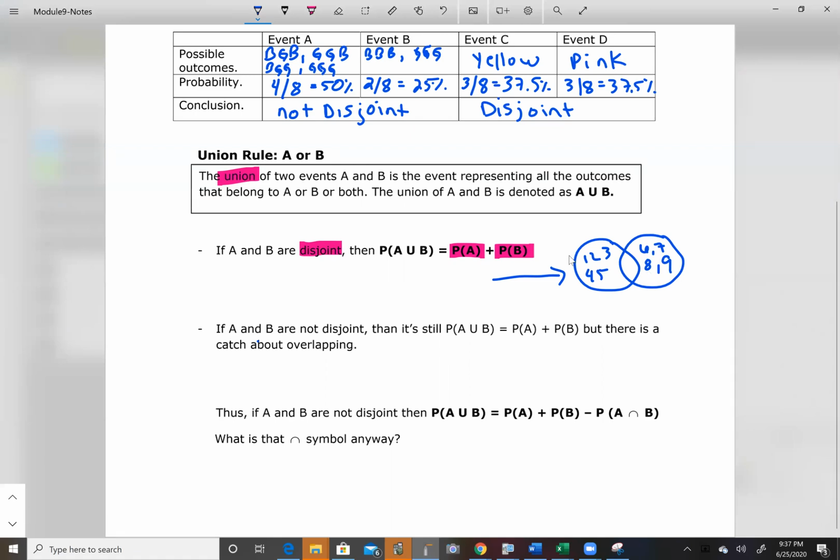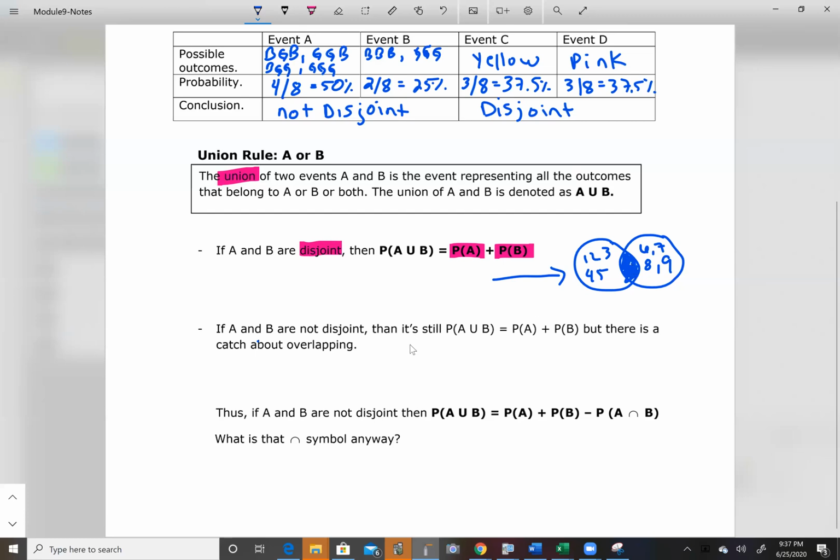We would add the probabilities of getting those numbers together. There is nothing in the middle because these are disjoint.